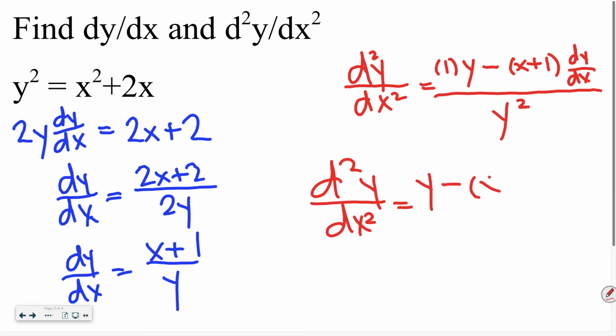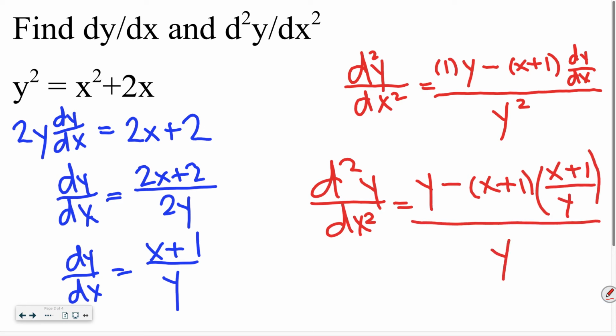We know that dy dx is x plus 1 over y. More than likely, I'm going to ask you to evaluate that. Okay, more than likely. But now we have our second derivative. Yes. Okay. You don't have to rewrite this. Okay, this is perfectly fine the way that it is.